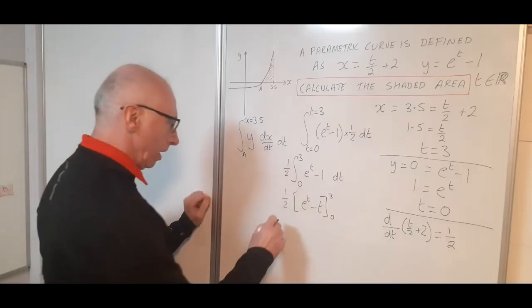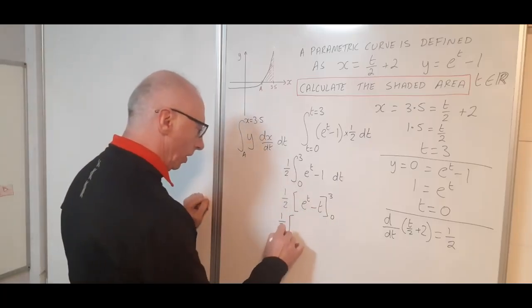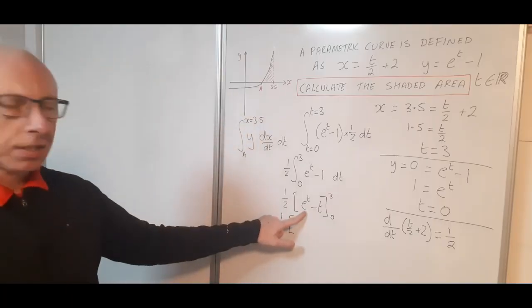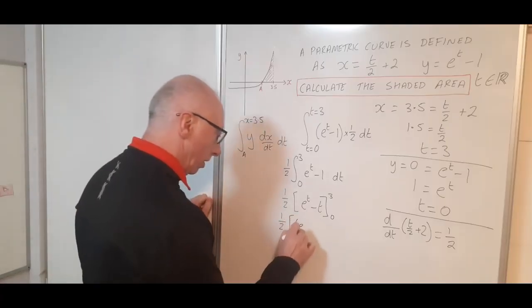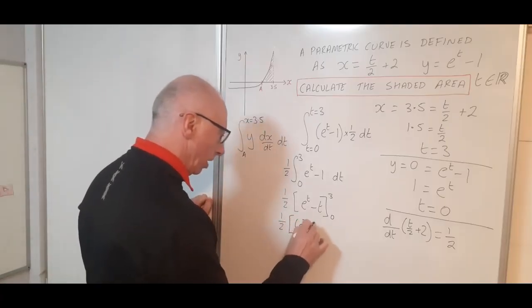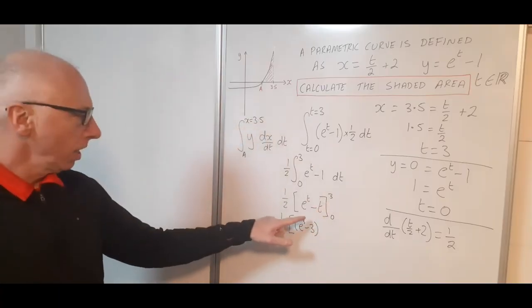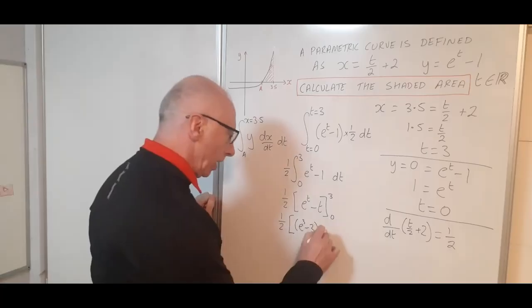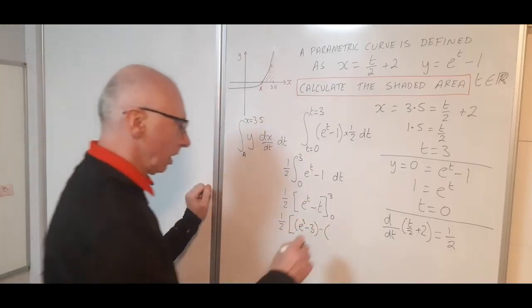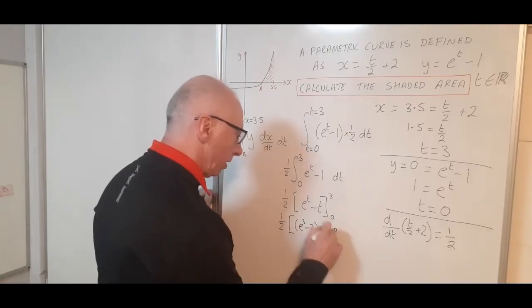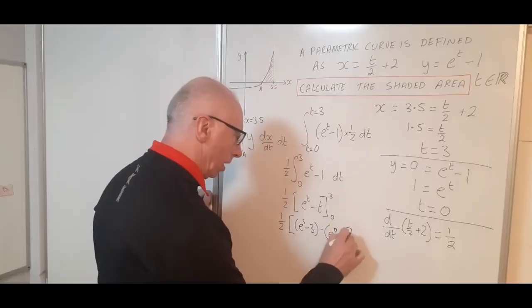So let's do that. So I've got 1/2 times e to the 3 minus 3. So e to the 3 minus 3, that's wherever I see a 3. And now subtract that when t is 0, e to the 0 minus 0.